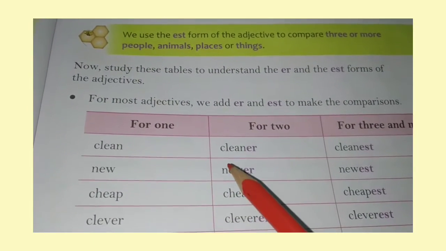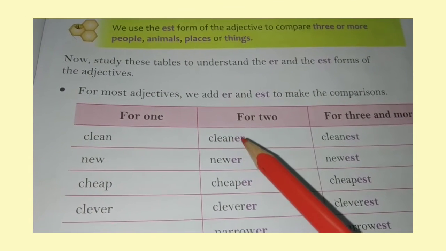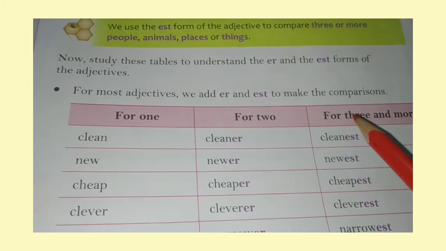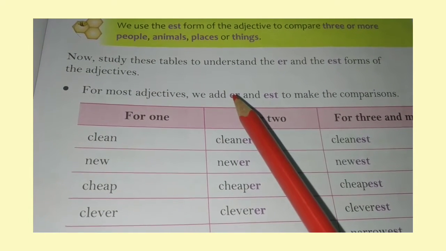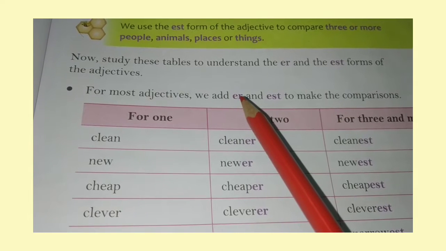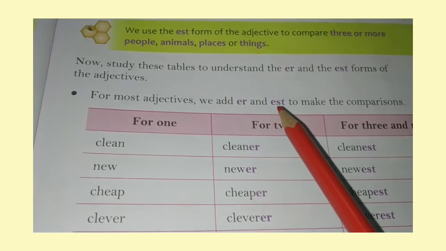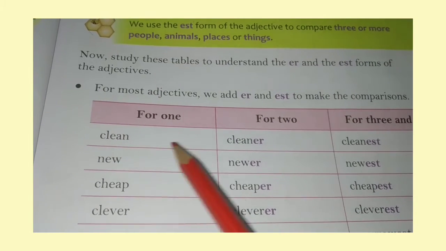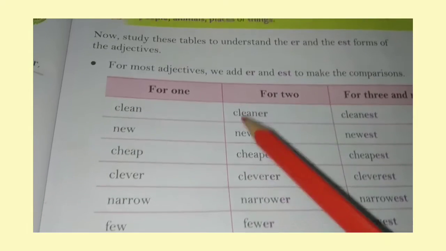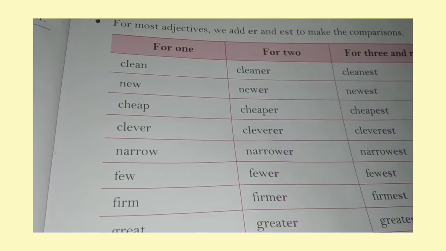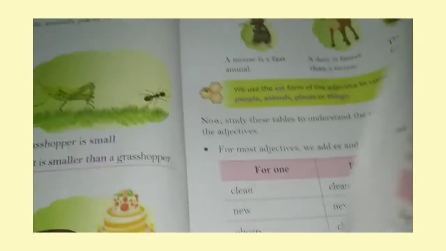You have to learn them and see how we add er and est to make the comparison. When we compare two things or animals, we use er. When we compare more than two, we use est. For example, clean, cleaner, cleanest, new, newer, newest. Like that, go through the given words in the table.